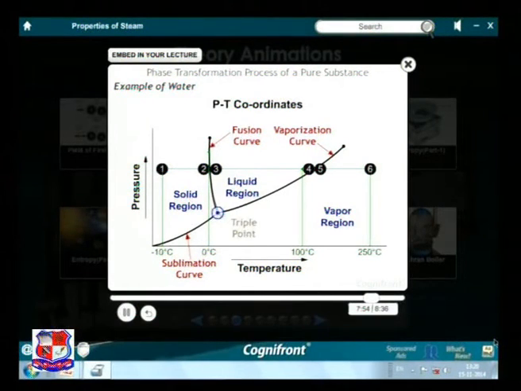This point is known as the triple point, where all the phases are in equilibrium. Note that the point at which the distinction between liquid and gas disappears is known as the critical point.